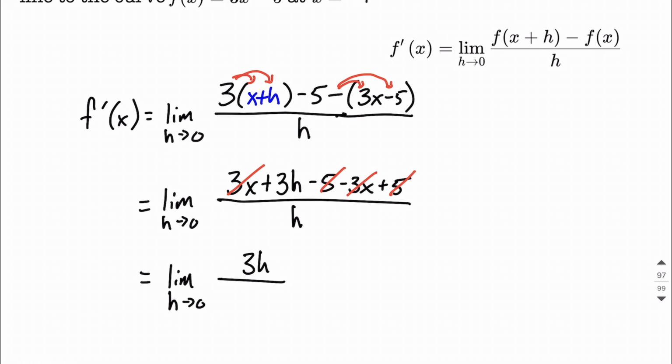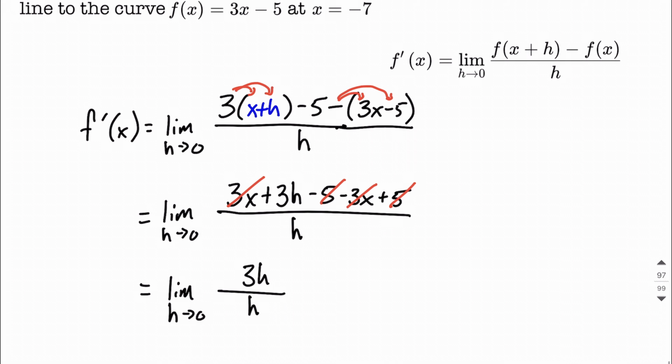Well, we have 3h and the h in the denominator. To evaluate this limit, we'd like to plug in 0 for each one of our h's to finish it up. But you'll notice if we did it right now, we'd have 0 over 0, which isn't very nice. So let's continue simplifying down. On this one, we have h multiplied by the entire numerator and h multiplied by the entire denominator.